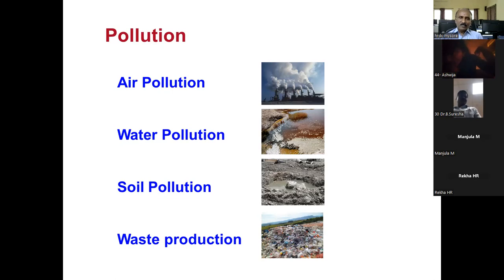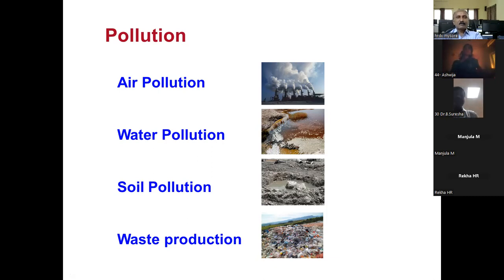Similarly, man-made activities result in an unaccountable quantum of pollution. It may be air pollution, water pollution, soil pollution, and even the generation and dumping of waste in our environment will also lead to pollution.